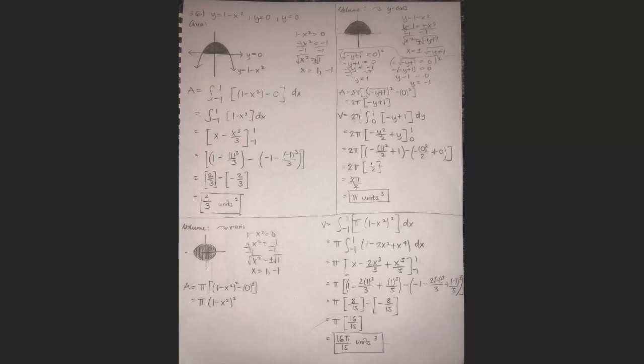And then for the volume, I did 2 pi times the integral of -y plus 1 dy from 0 to 1. I found the antiderivative of -y plus 1 using the power rule, which is -y squared over 2 plus y, evaluated that from 0 to 1 and simplified, and I got pi units cubed.